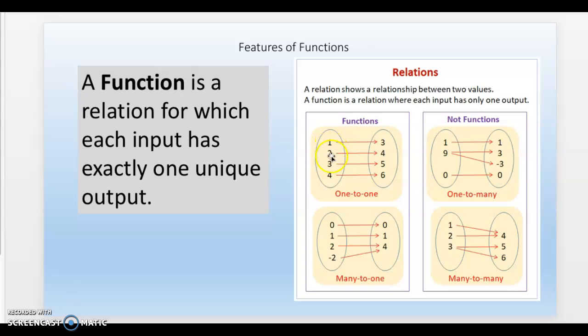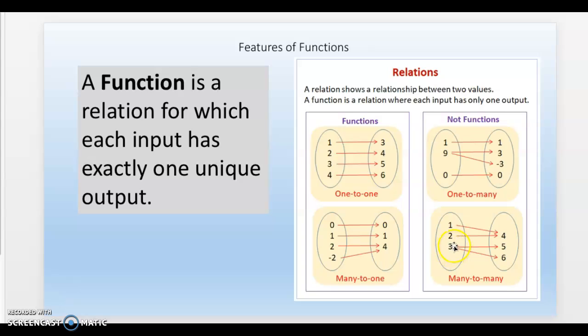Guys, on the right side here, these are functions. Each of these has one unique output. Just like this one, it's okay that 2 and -2 each go to 4. They still have a unique output. But over here, see 9? 9 doesn't have a unique output. It has two outputs. This is not a function.